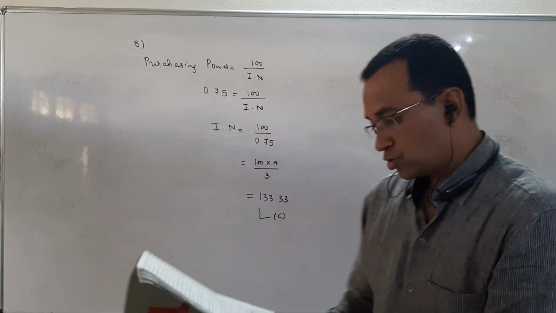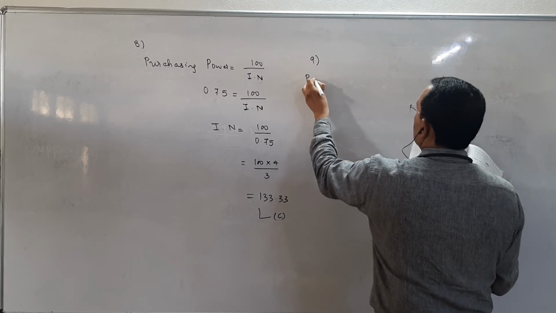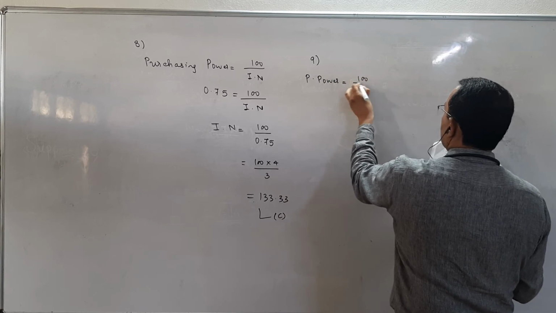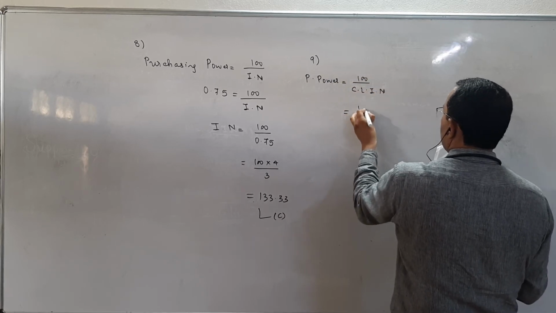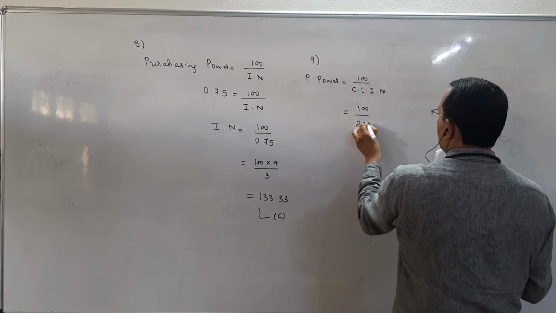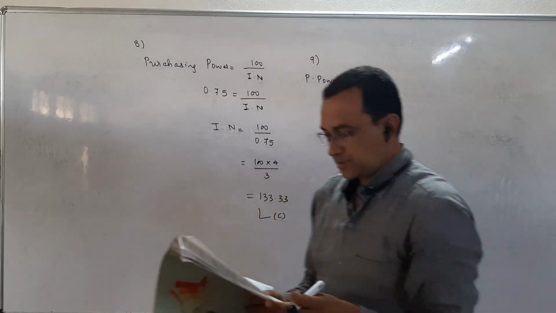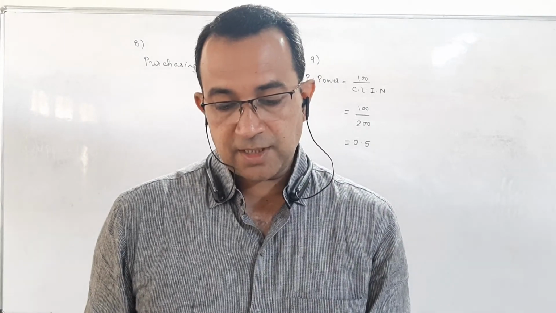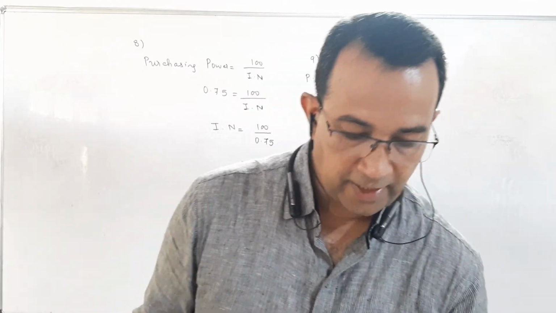Okay, so students, purchasing power is 100 upon cost of living index number, or simply index number. So 100 upon 200. So their purchasing power has been only 50% of what it was in the base year. So the correct statement is C. Purchasing power of money is only 0.5.